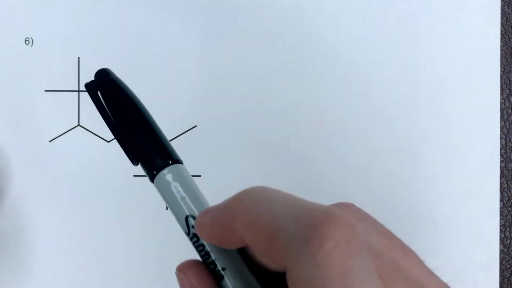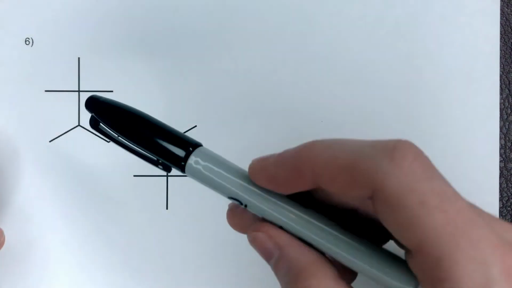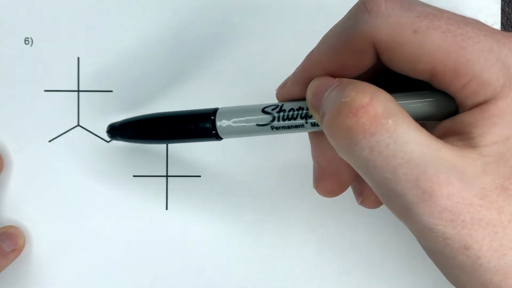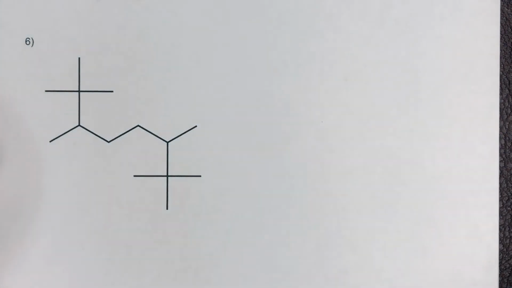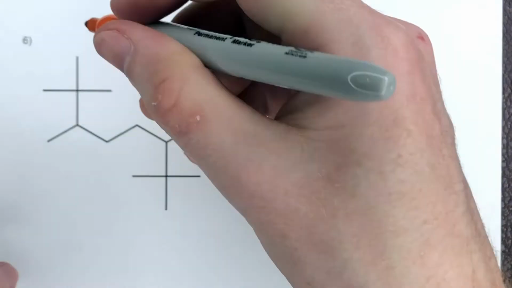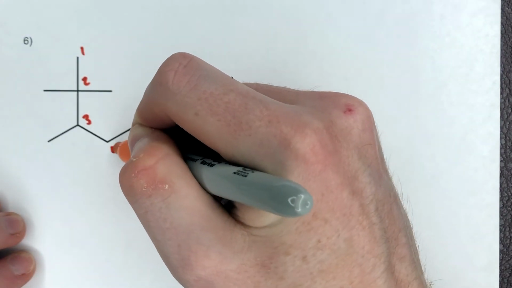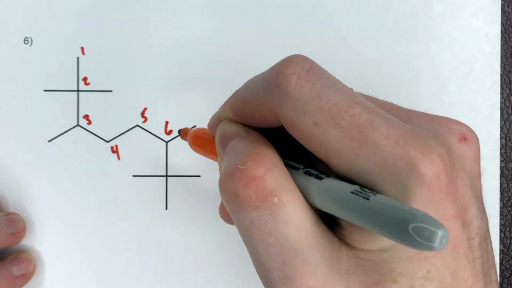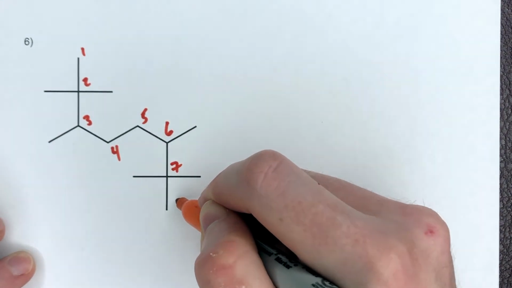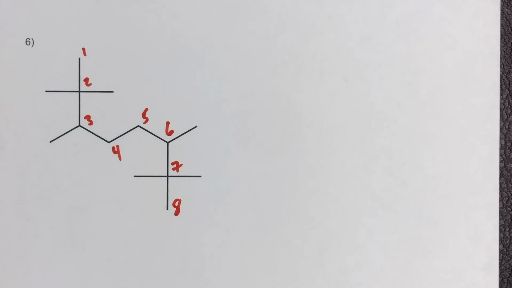But you have to start in the chains here in this case. So if you go 1, 2, 3, 4, 5, 6, 7, 8, that's 8. 8 is longer than 6, so you have to number it that way. So if you thought that this was a di-t-butyl group or molecule, that is a mistake here because of rule number 1. So be careful when you're looking at this.